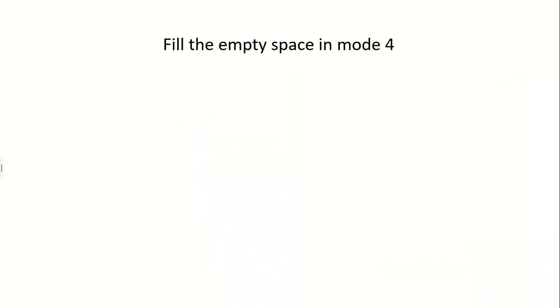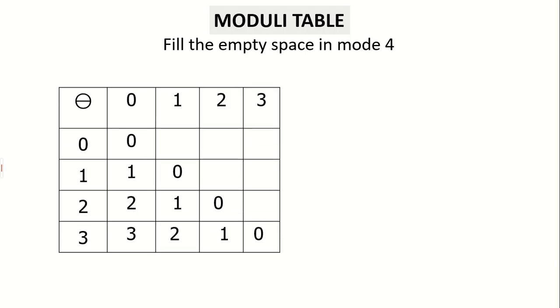Okay, now let's take a look at some other part of this video. This question is talking about a modular table, or you call it a modulo table. In this case, you'll be filling the empty spaces in mod 4. You are given a table of this form, and you are meant to fill these spaces.